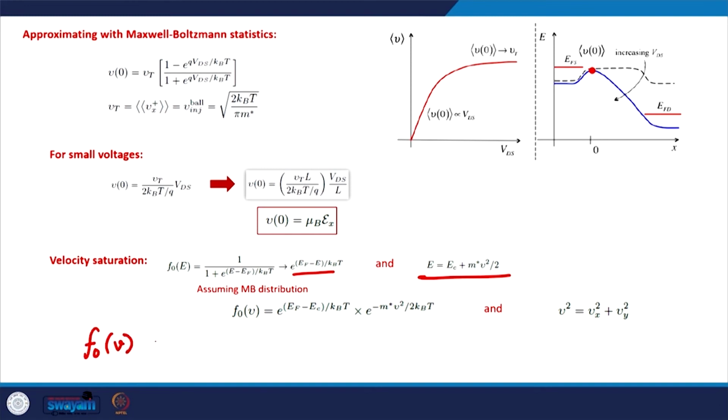So what we can say is that the distribution of velocities is exponential of EF minus E, where E is being replaced by EC plus half m star v square. So this will be EF minus EC minus m star v square by 2 kT.